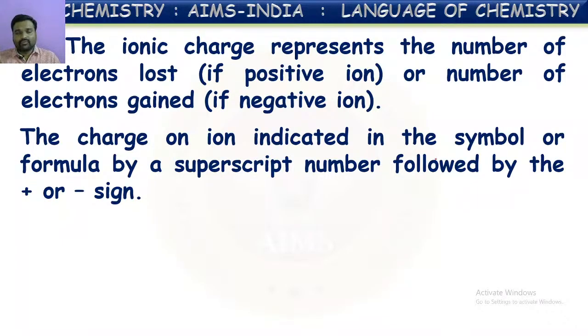Along with that number, we represent either a positive or negative symbol, which represents either loss or gain. If it is a positive symbol, that element lost that number of electrons. If it is negative, that many electrons were gained by that atom to form a negative ion.